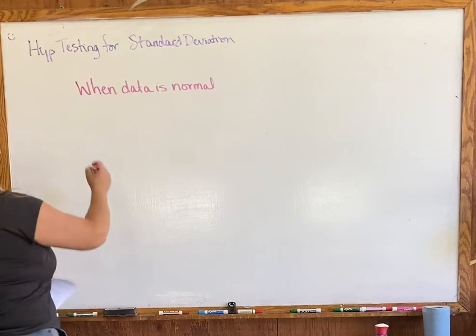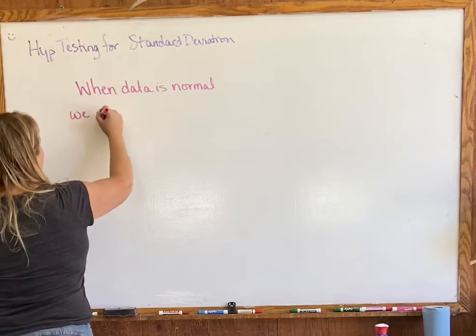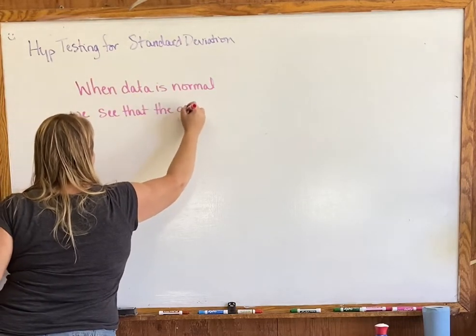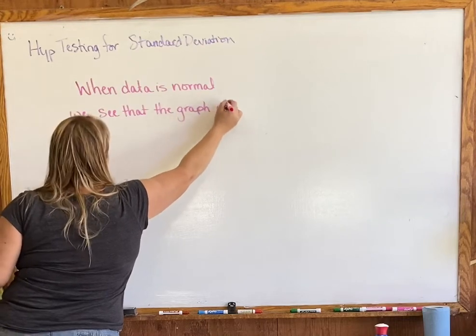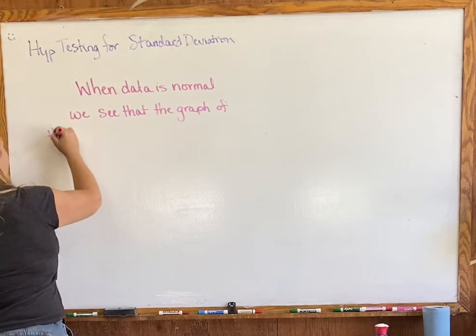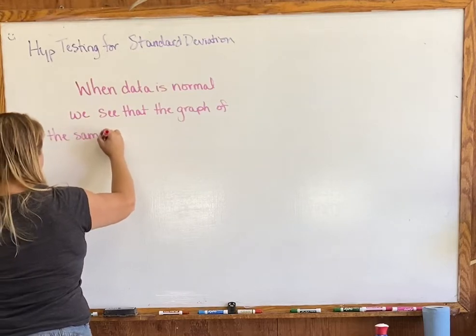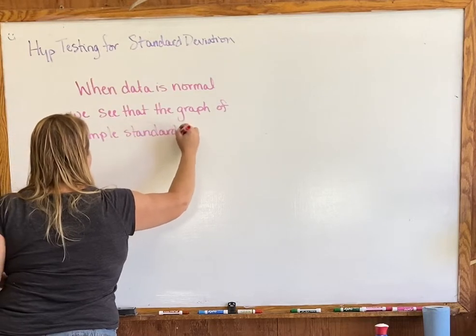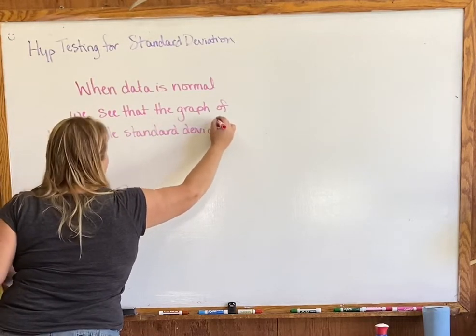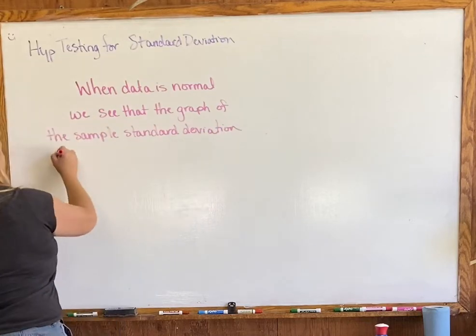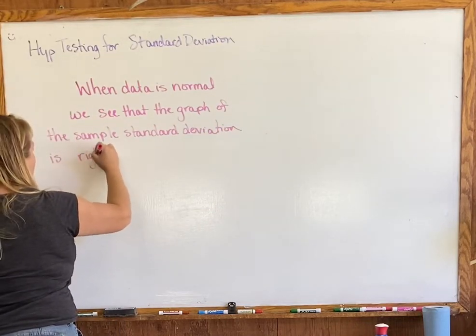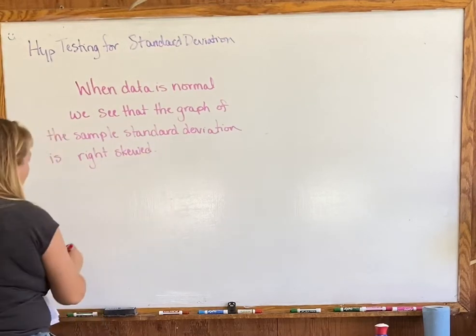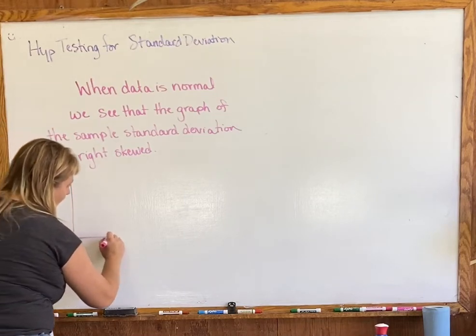So when the data is normal, we will see that the graph of the sample standard deviations is right skewed. And the graph actually looks like this.